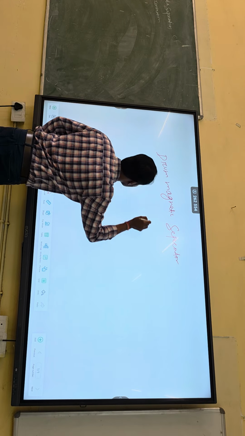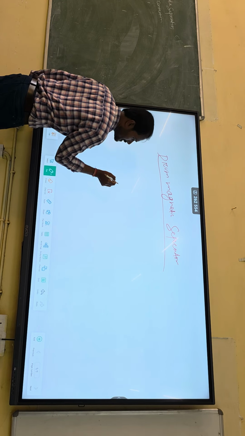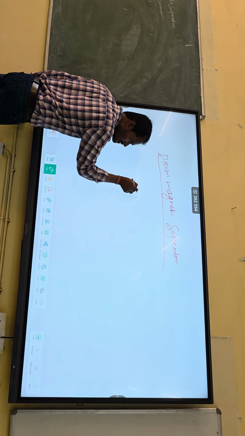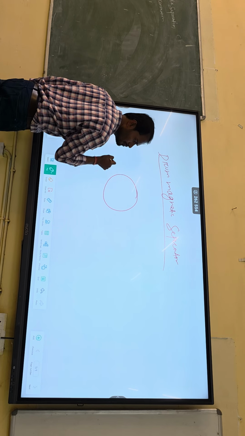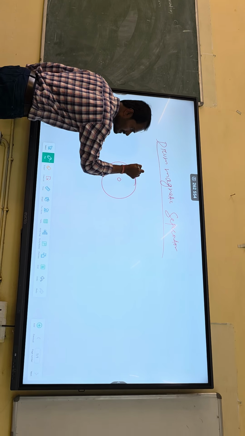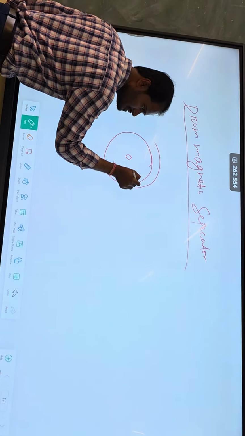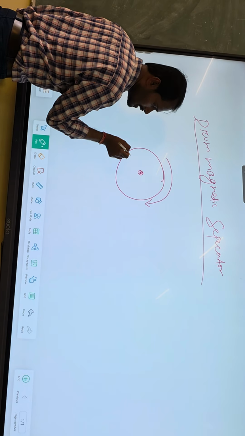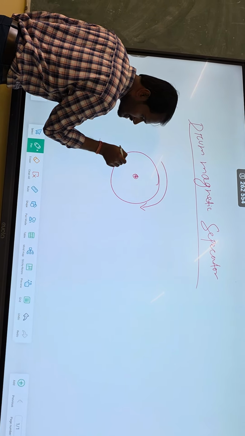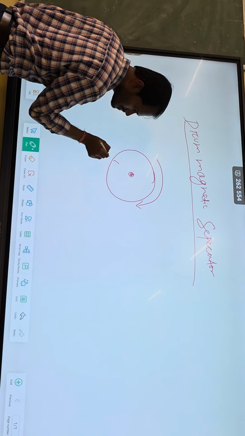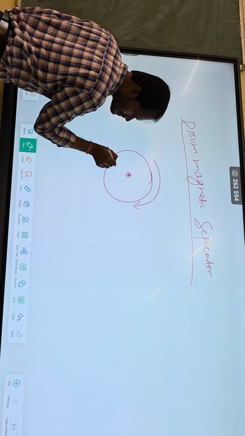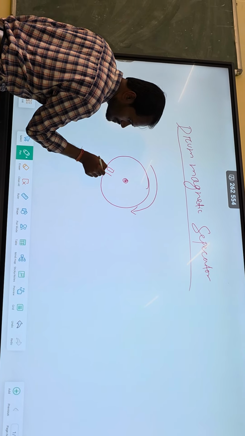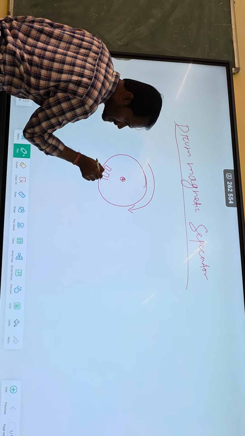Drum magnetic separator. So drum magnetic separator means what? A drum will be there, and this drum will rotate, suppose in this direction. And suppose you have magnets. So these are the magnets.